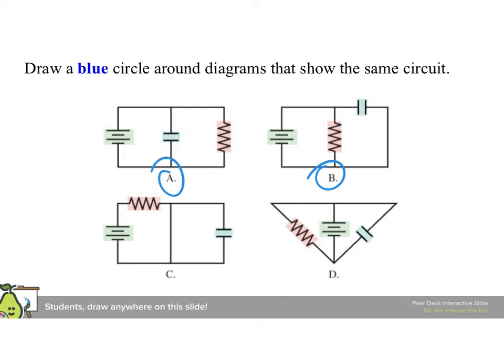Let's look at C. C says I come out, hit a resistor, go through no resistance here and back, and then through here and a capacitor and back.